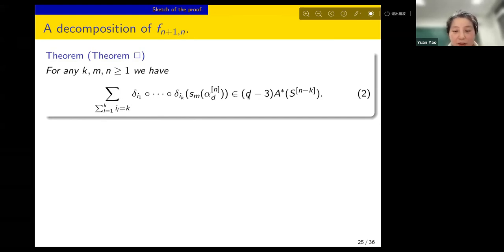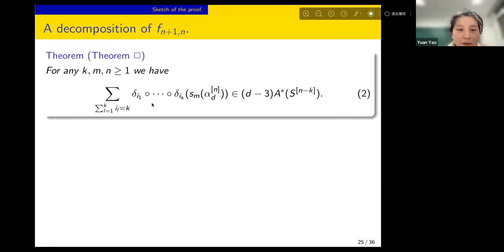This one belongs to the d minus 3 times this child ring. So now we can see once we let d equal 3, that's alpha, right? So we have this anti-canonical divided class, right? That's what we choose. If d equals 3, then this one is 0.